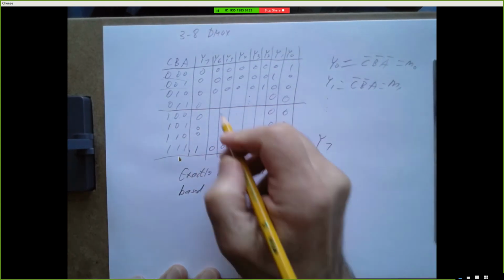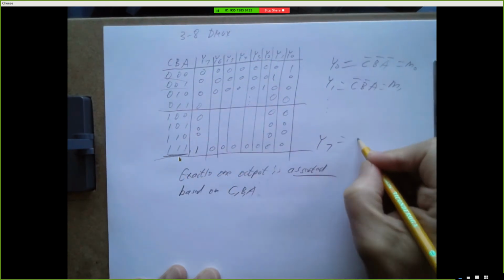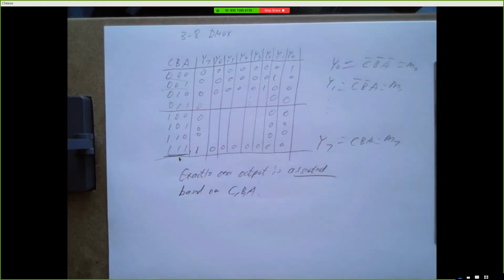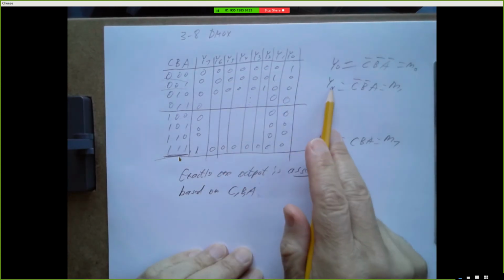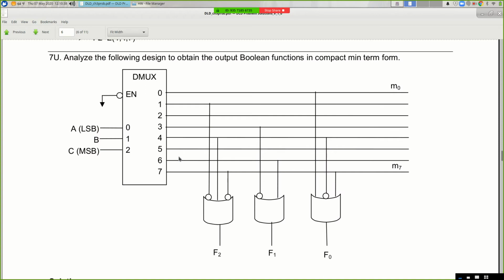And Y7 has a single 1 output, which is in this bottom row, which happens to be CBA, which is minterm 7. And so the equation for each of these 8 outputs, Y sub I, is just minterm I, which is why we have these minterms written over here next to these output lines.